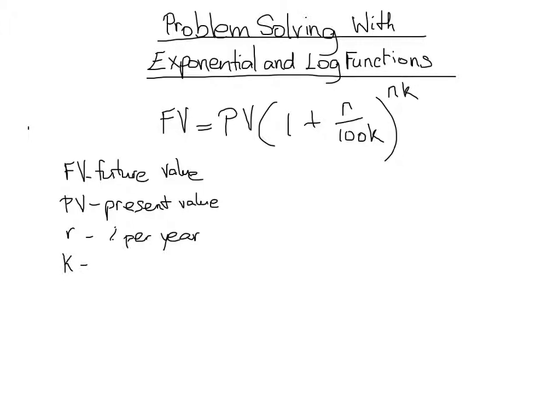K is compounding periods per year. So for example, if it's a monthly calculation, K would be 12. So I'll just say compounding periods per year here. And finally, N is the number of years.